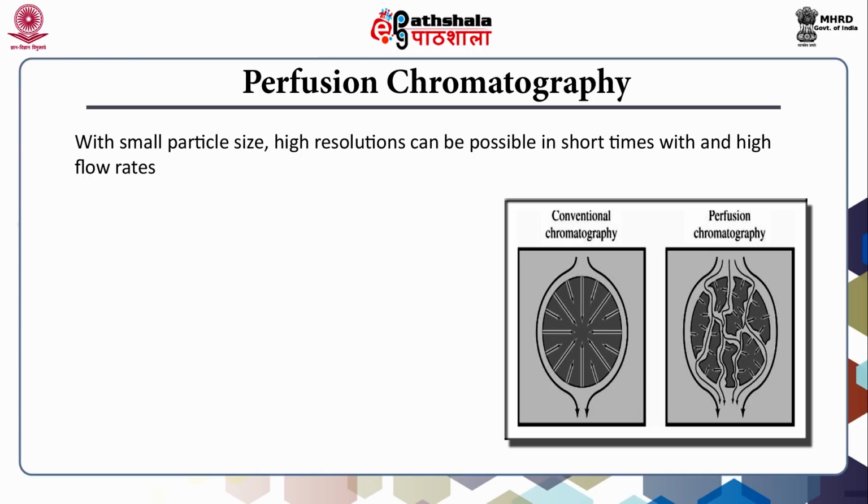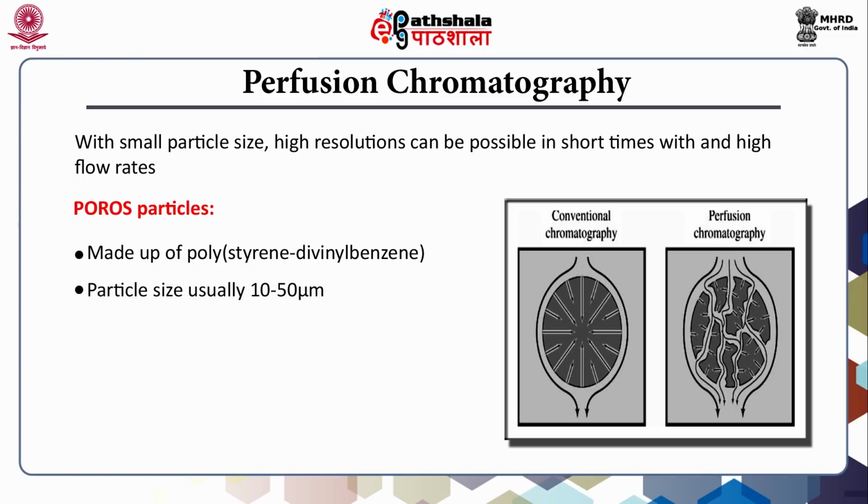You see the conventional chromatography picture, longitudinal pores are present, but in case of perfusion chromatography, these longitudinal pores are also connected by the diffusive pores in a horizontal way. The best example for this kind of particles are the porous particles, which are made up of polystyrene divinyl benzene.